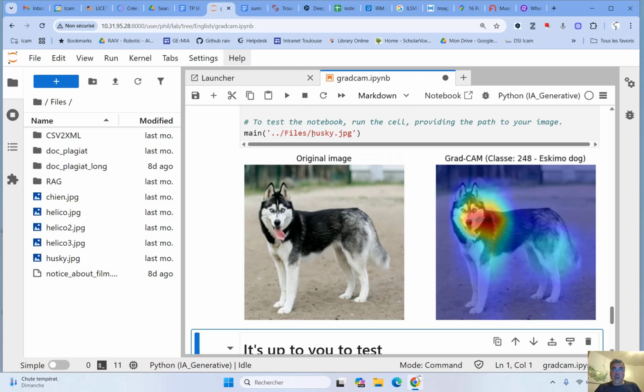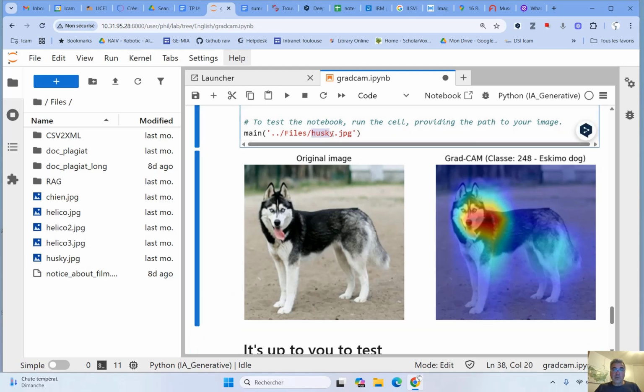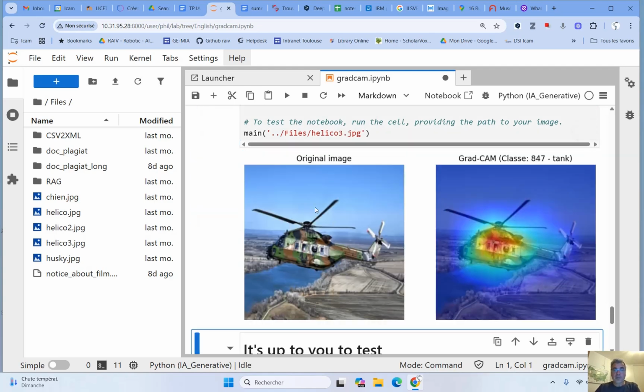But if we try with a helicopter image, now this is the original image. It focuses on this pixel, but the prediction says that this image corresponds to a tank, but it's not a tank, it's a helicopter.